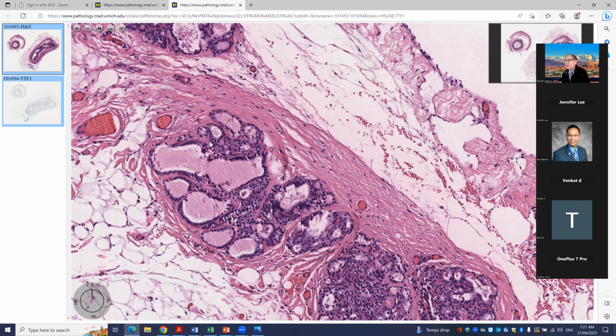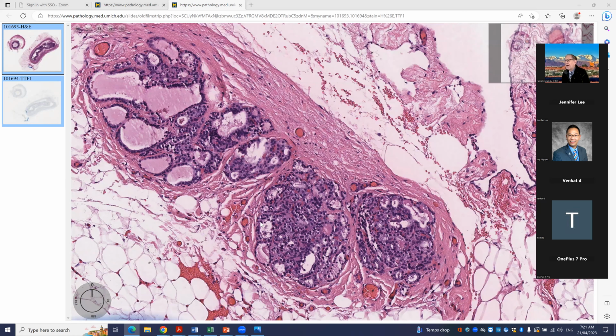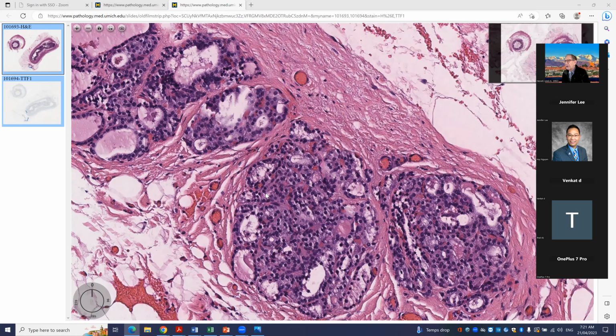So essentially, you've got some structures with a central lumen filled with some pink secretions. You have variable sizes to the lumina and so forth. As we look at the nuclei here, kind of rounded structures.